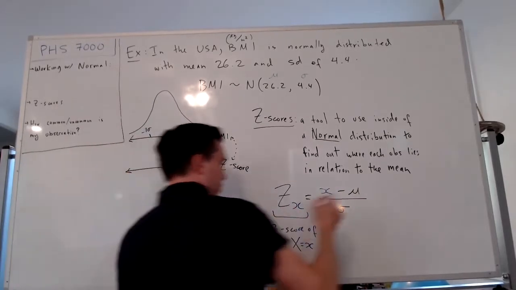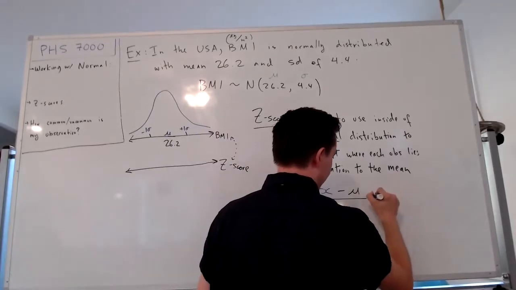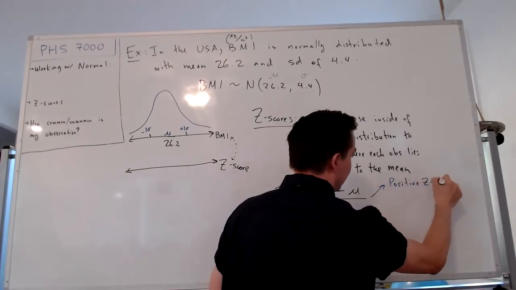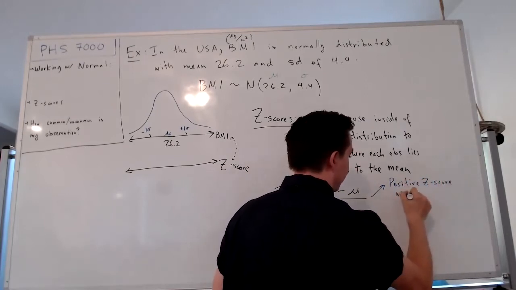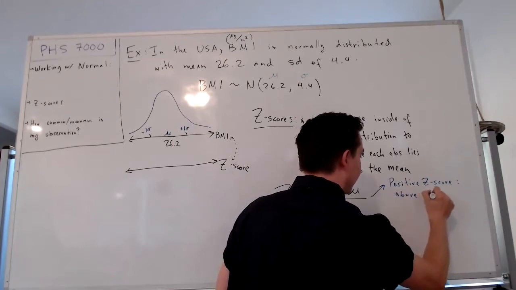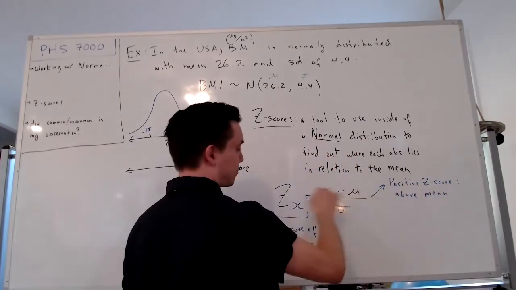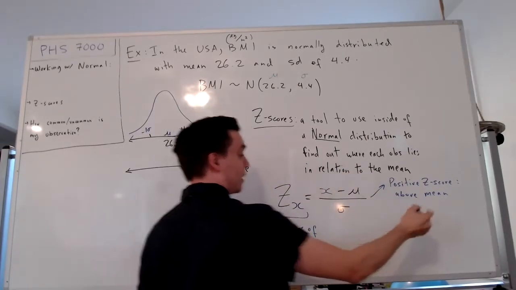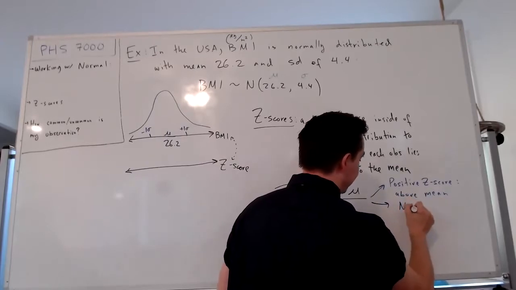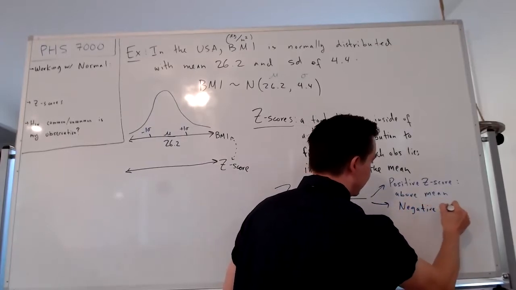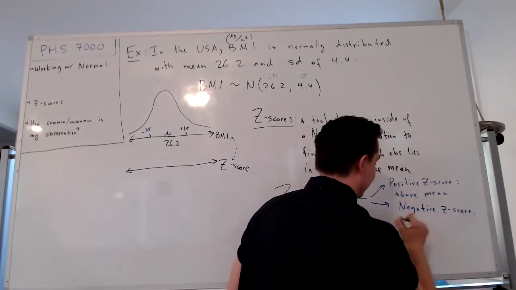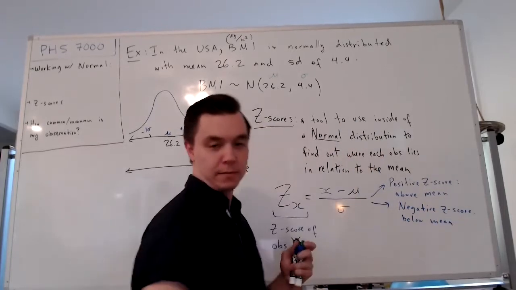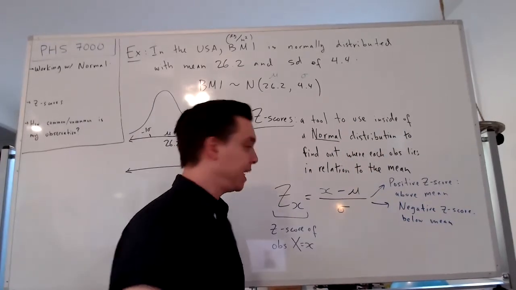So you will notice a few things. Positive Z-scores mean you are above the mean, right? We're subtracting the mean, we're getting a positive number up here. Standard deviation is always positive. Negative Z-score, below the mean. Well, naturally, what if you're at the mean?